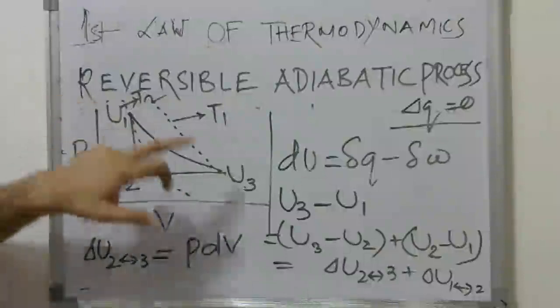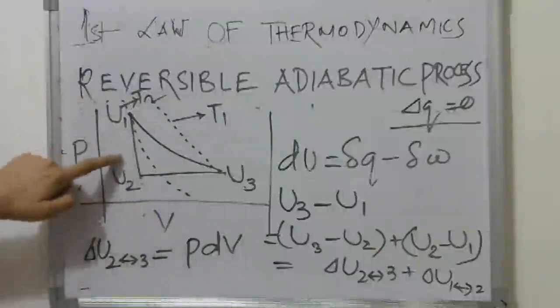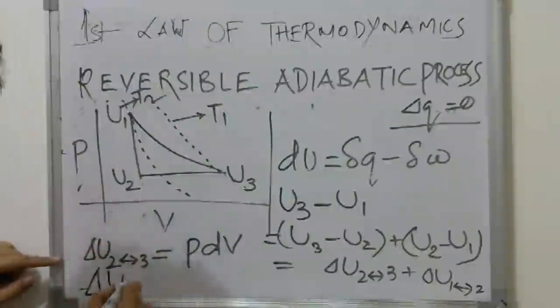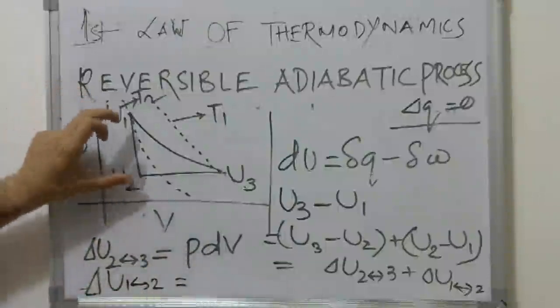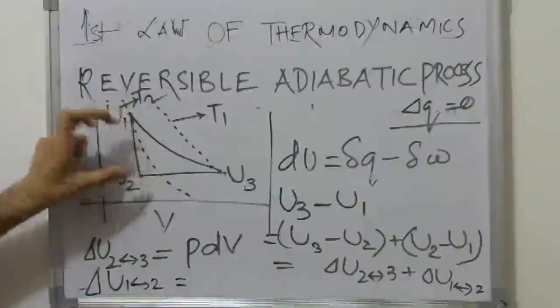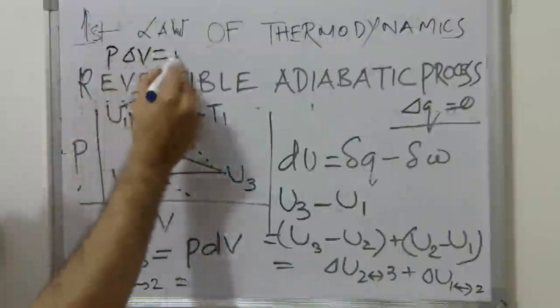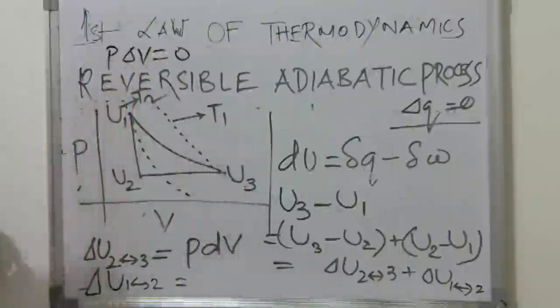Now what about from 1 to 2? What about del U from 1 to 2? See, here the volume is constant. If the volume is constant, there is no work done because P del V is 0. And you also don't know how to measure the Q. So internal energy has to be expressed in a different way.